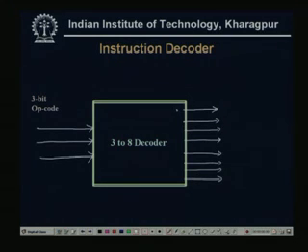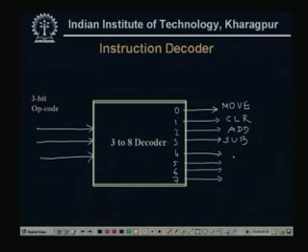These are 0, 1, 2, 3, 4, 5, 6, 7, the 2 to the power 3 values. 0, 0, 0 means move instruction. 0, 0, 1 means clear, 0, 1, 0 means 2, that is add, 3 is subtract, 1, 0, 0 means 4, that was AND, 1, 0, 1 is OR, 6 means 1, 1, 0 is increment, and this was the unconditional jump, 1, 1, 1.